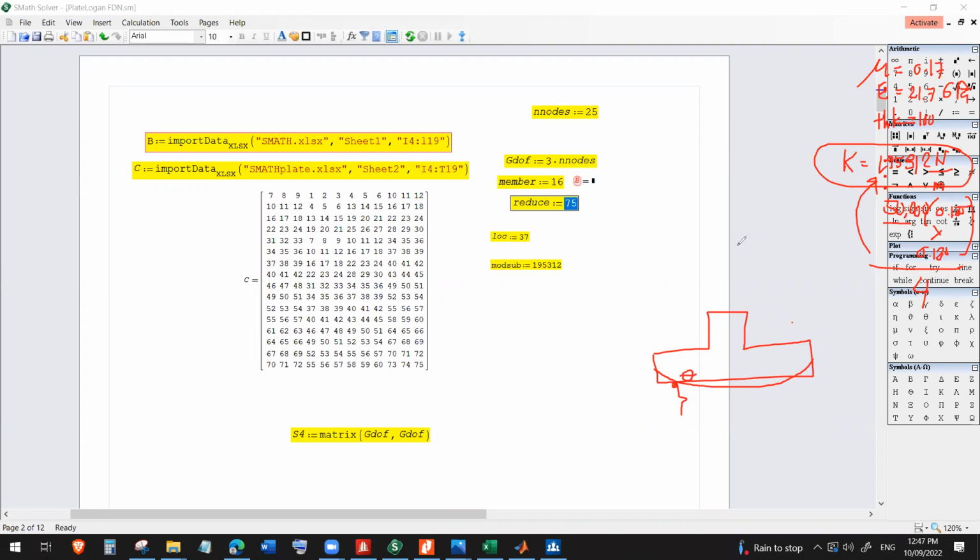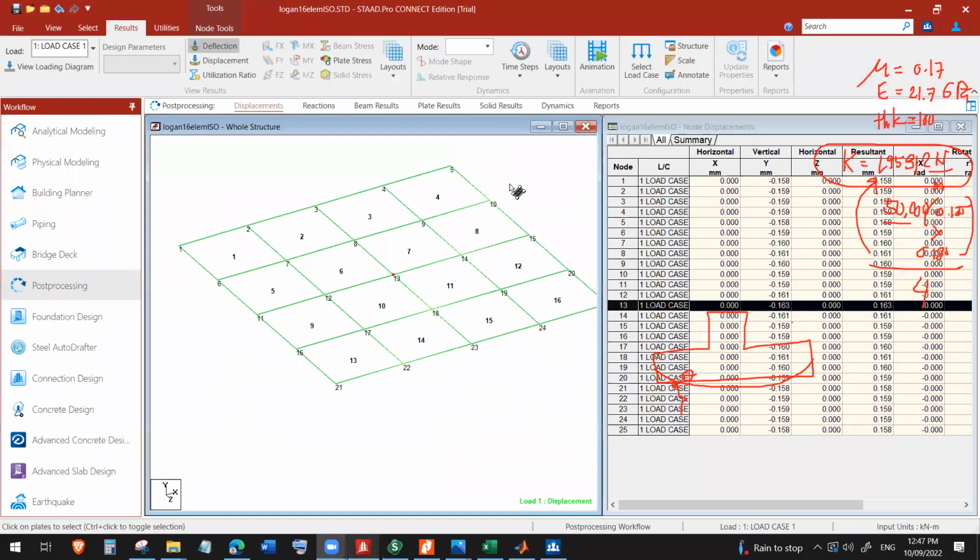Therefore, since we have 25 nodes, all nodes here are going to be displaced by a certain amount of vertical displacement and a certain amount of rotation in both directions. So 25 times 3 displacements per node, that will be about 75 DOF, 75 displacements.